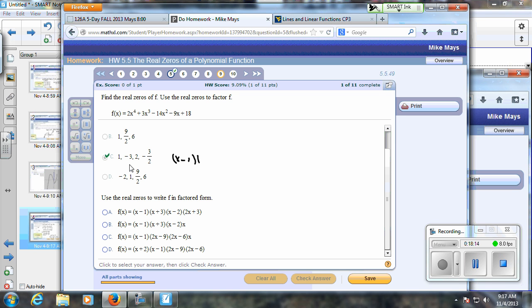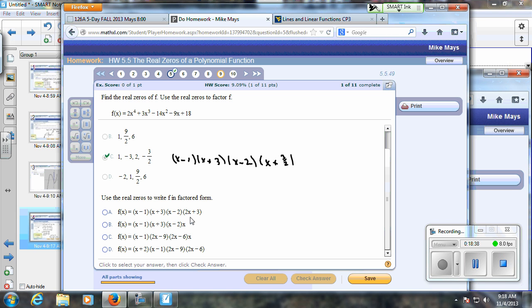I need a factor of x minus a minus 3, so x plus 3. A factor of x minus 2, and a factor of x minus a minus 3 halves, x plus 3 halves. And I bet one of these answers will have all that stuff in it. I need a minus 1, plus 3, minus 2. I said x plus 3 halves.